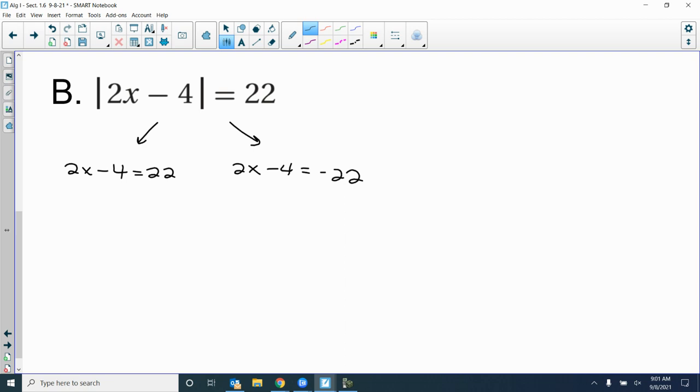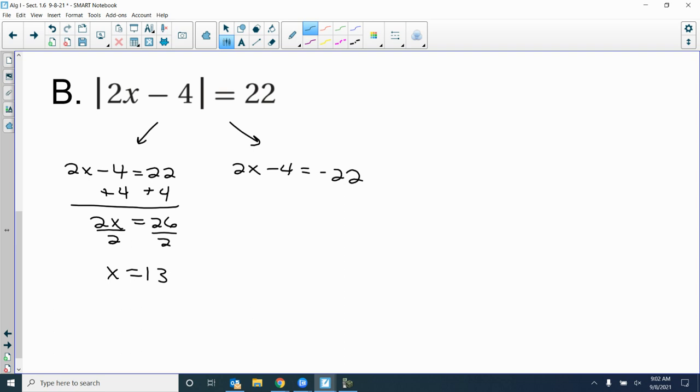So the first one over here on the left, I'm going to add 4. And I get 2x equals 26, divide by 2, x equals 13. All right, explain to me why that one's right.